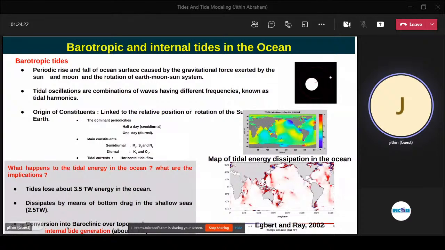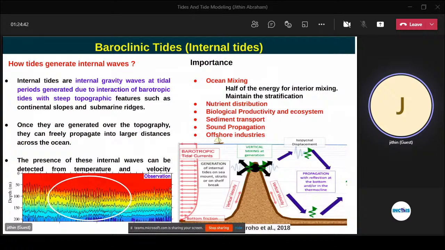But in the rest of the portion, the conversion of barotropic tides over the topography occurs. When the tidal currents flow over steep topography, some of the energy will be converted into some other form. That we will discuss in the next few slides.